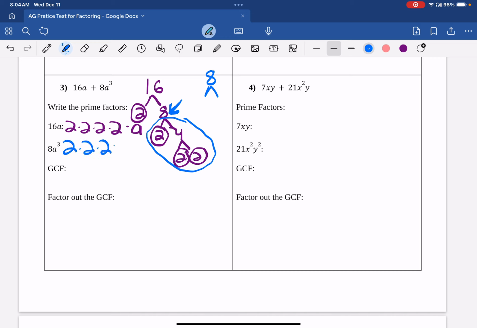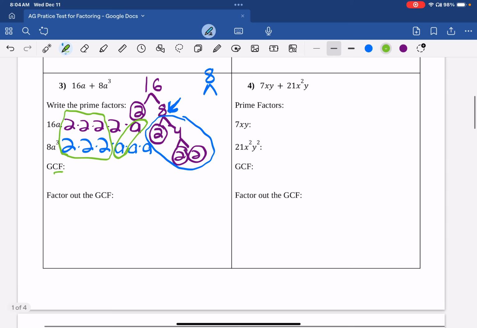And then it's a to the third, which means we have 3 a's, like that. Now we just circle the factors that they have in common. So they both have 3 2's, and they both have 1 a. So my greatest common factor is 2 times 2 times 2 times a, and that equals 8a.